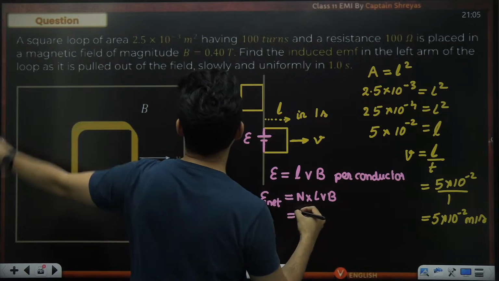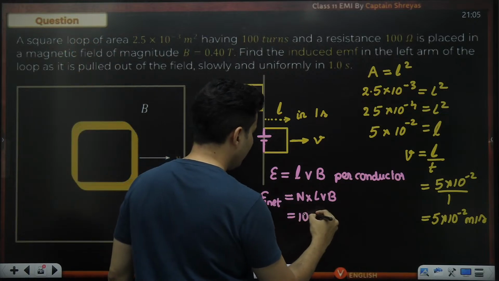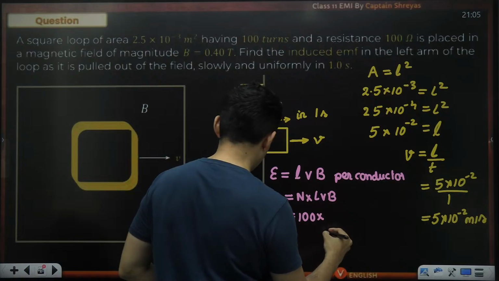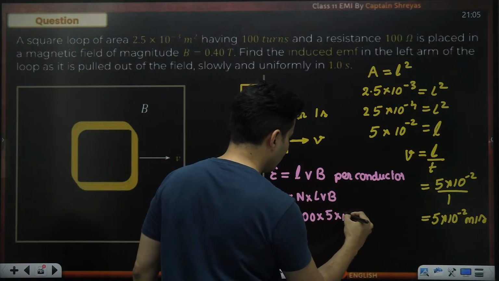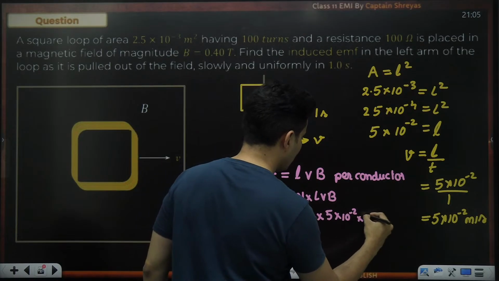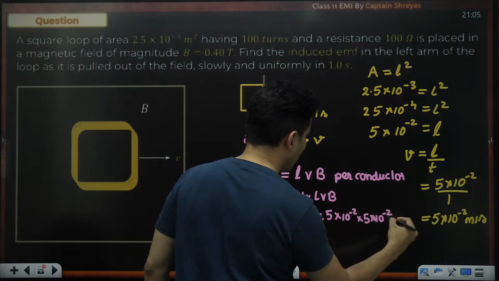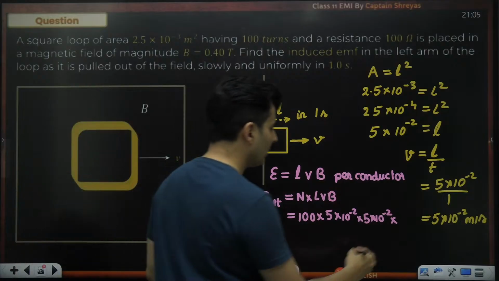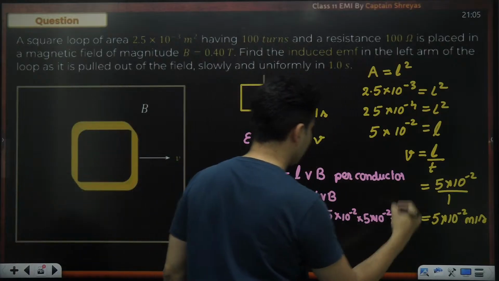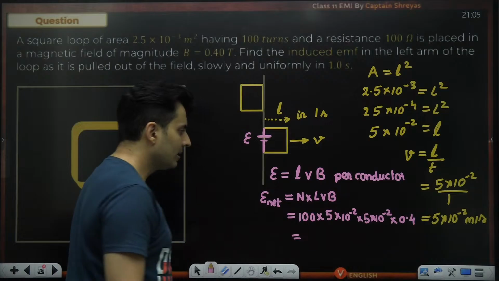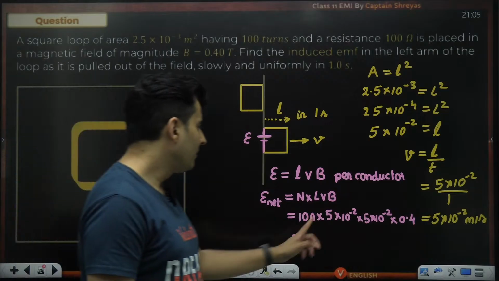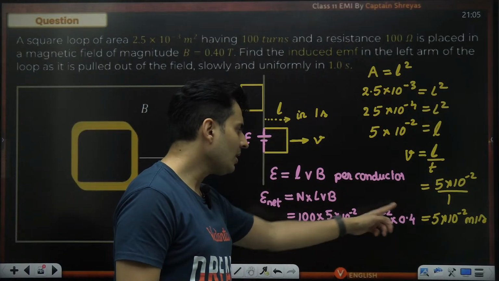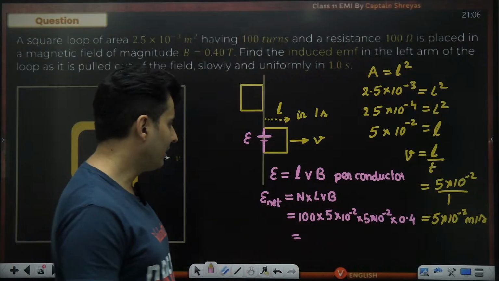So number of turns is 100. The length is 5 into 10 to the power minus 2. Velocity is also 5 into 10 to the power minus 2. And magnetic field is 0.4 Tesla. That's it. That will be my answer. 5 5s are 25. 25 4s are 100.